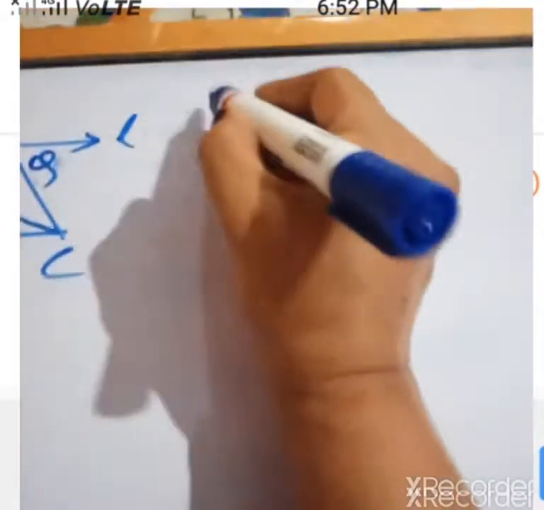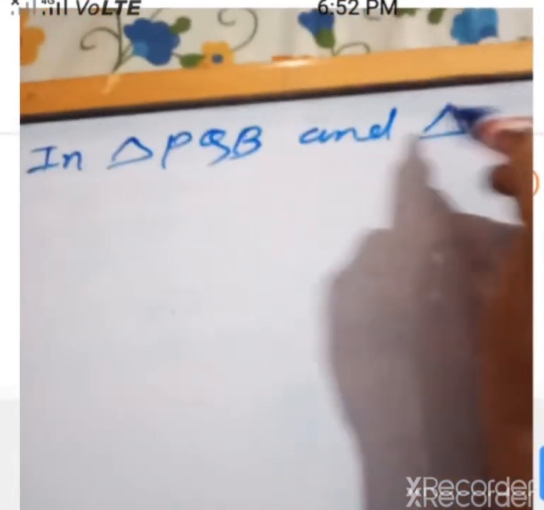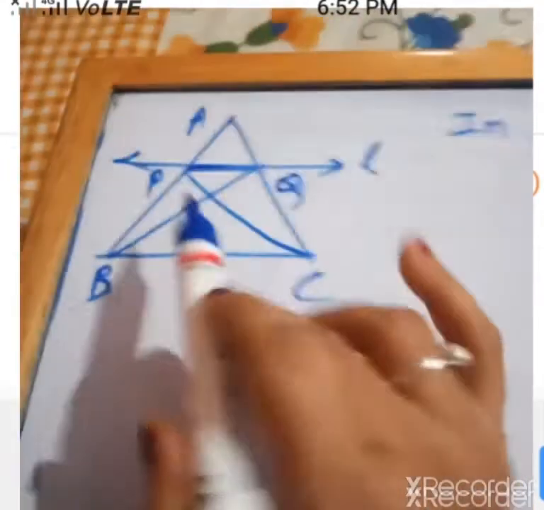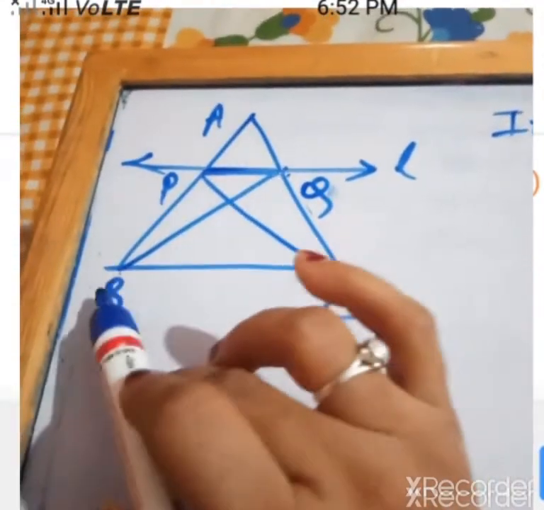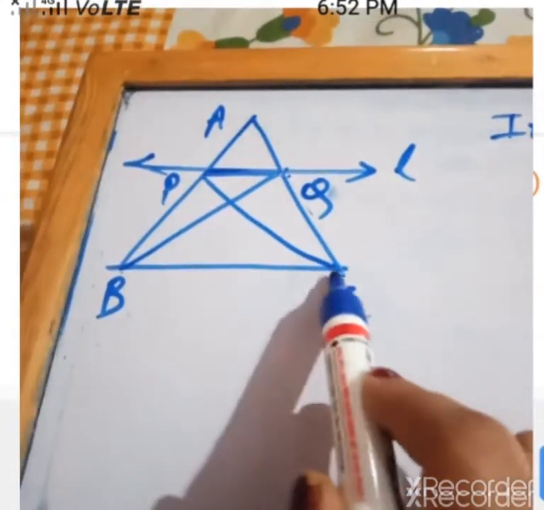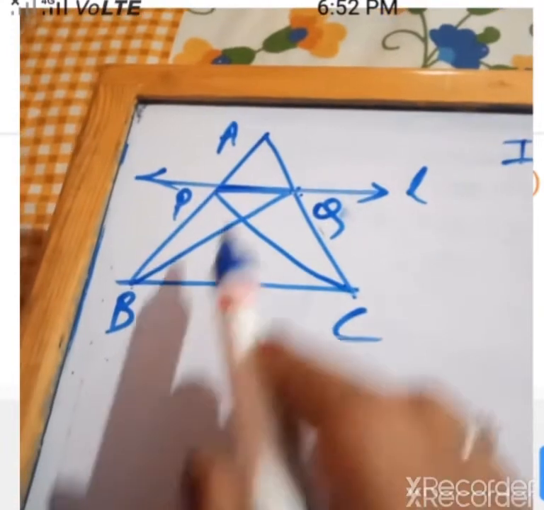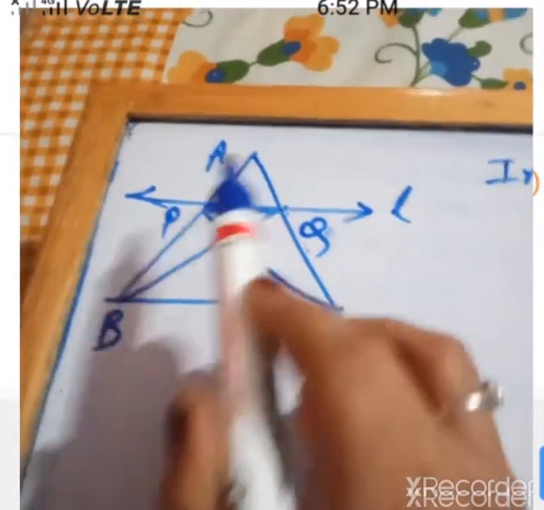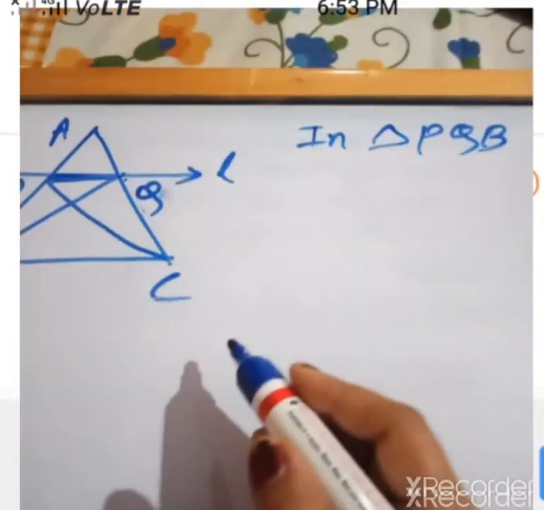Then see next, in triangle PQB and triangle PQC. Observe triangle PQB and triangle PQC. Both triangles have the common side PQ. Take PQ as the base of both triangles.